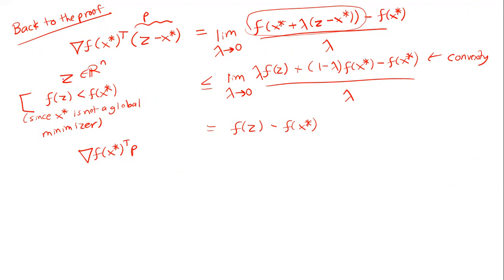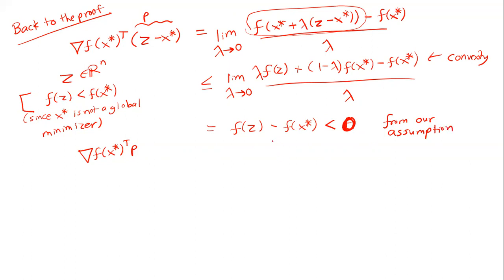We're assuming that right now because we're saying, let's say that x star is not the global minimizer, then the global minimizer is out there. And then this is less than 0, because if I subtract f of x star to the other side, this will say f of z minus f of x star is less than 0. And so this is from our assumption that x star is not a global minimizer.